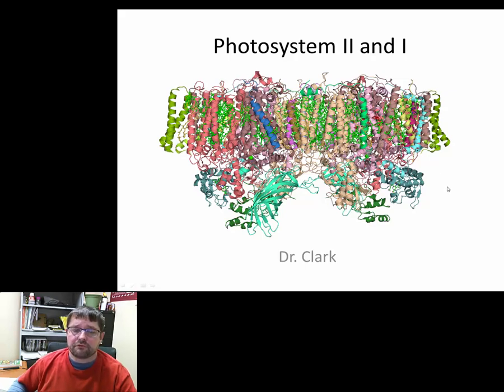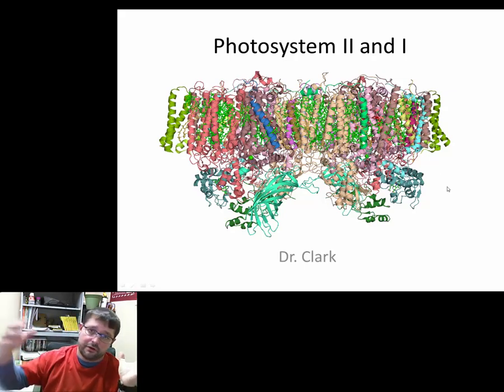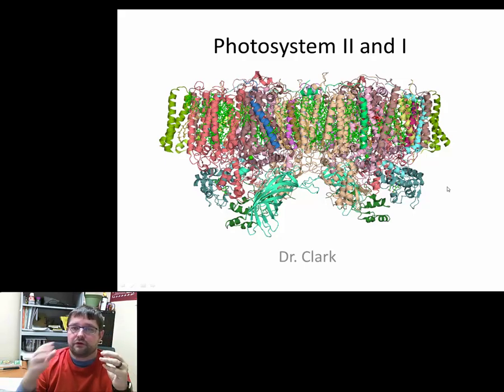Remember when we dropped off, we were talking about antenna complexes, how they pick up photons and, through resonant energy, excite electrons. So this is a diagram of the P680 site in Photosystem II. And we'll come back to this in a second.